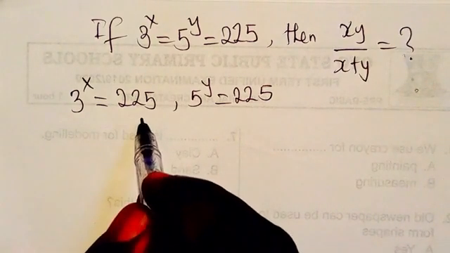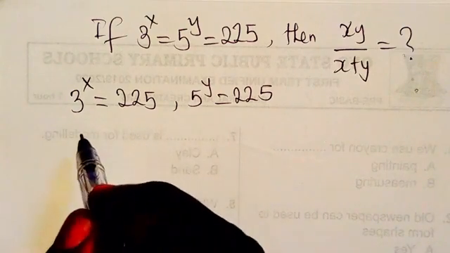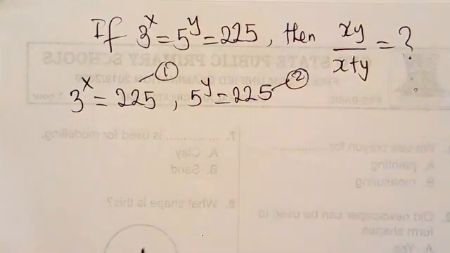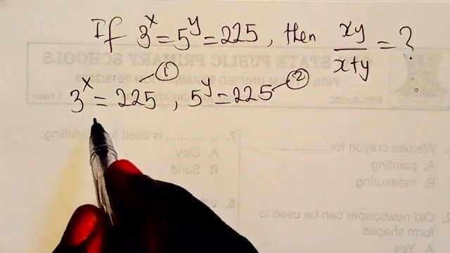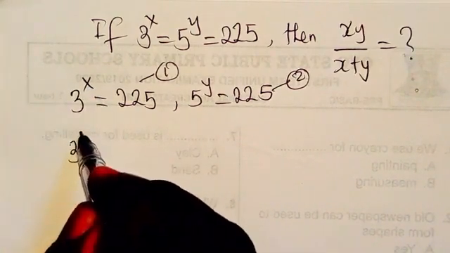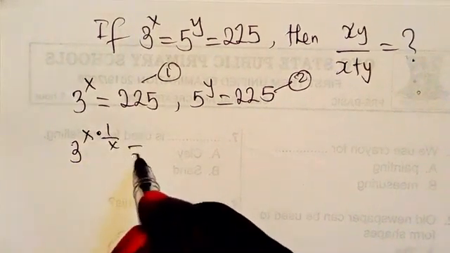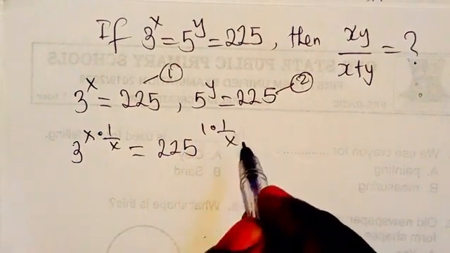Let me take the first one here. I call this equation 1 and this equation 2. Taking equation 1, 3^x equals 225. If I take the x root of both sides, I'm going to have 1 multiplied by 1 over x.